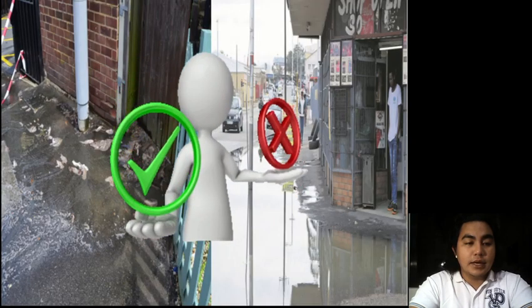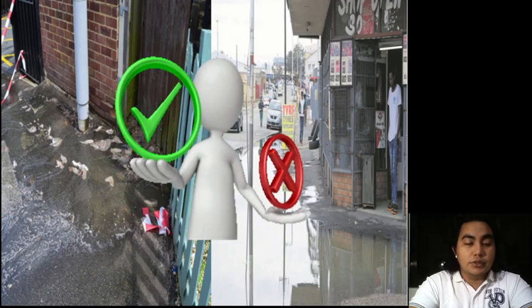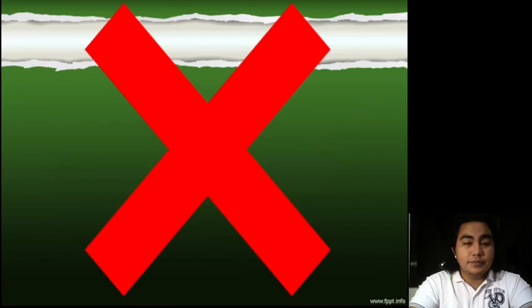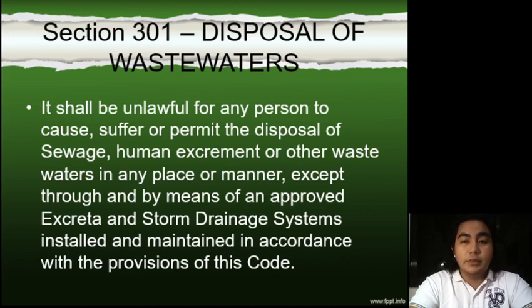Can we just create a canal or anywhere to our convenience to dispose of our wastewaters, or throw it in our neighborhood to let it flow in the streets? The answer is no. According to Section 301, or the disposal of wastewaters, it shall be unlawful for any person to cause, suffer, or permit the disposal of sewage, human excrement, or other wastewaters in any place or matter, except by means of an approved excreta and storm drainage system installed and maintained in accordance with the provisions of this code.